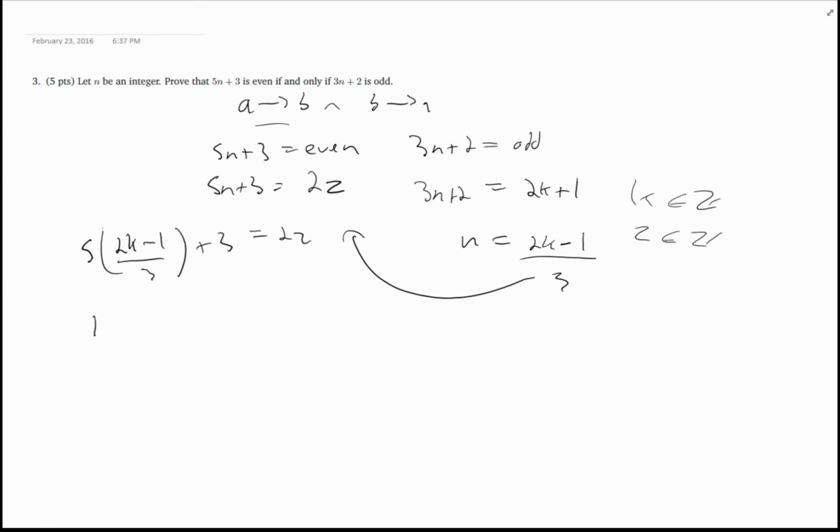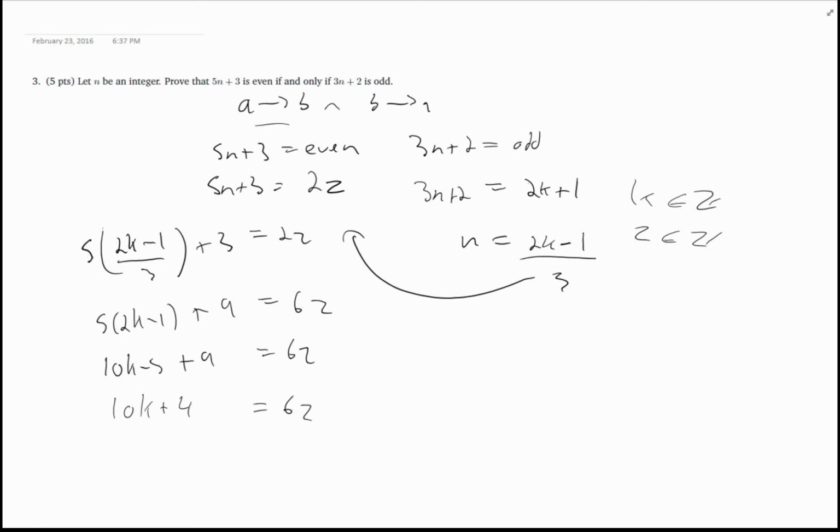So you'll get 5 times 2k minus 1, plus 9 is equal to 6z. And we're just going to expand this out, so we get 10k minus 5 plus 9 is equal to 6z. And if you do some more, you get 10k plus 4 is equal to 6z.